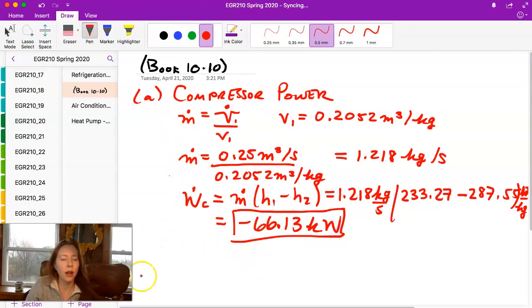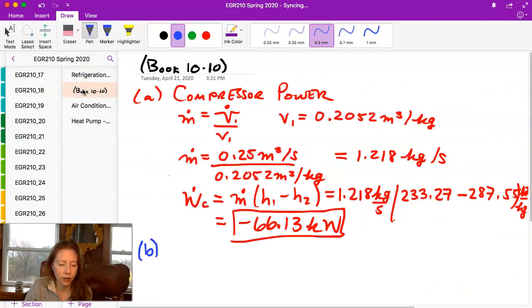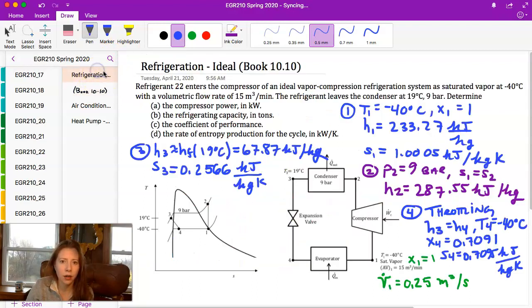All right, so now let's look at part B. And for B, we were looking for the refrigerating capacity in tons. So for refrigerating capacity, we need to look at Q in, and that's going to be M dot H1 minus H4. So this is at the evaporator right here.